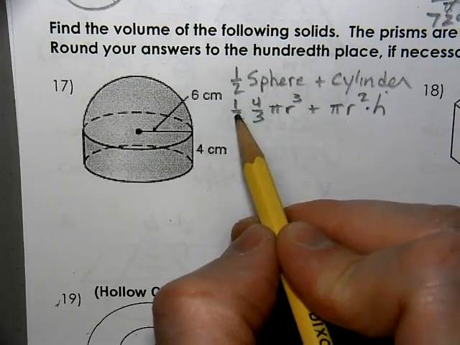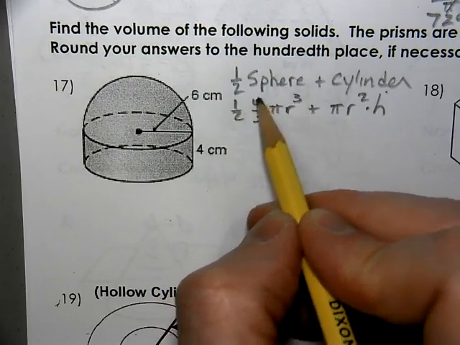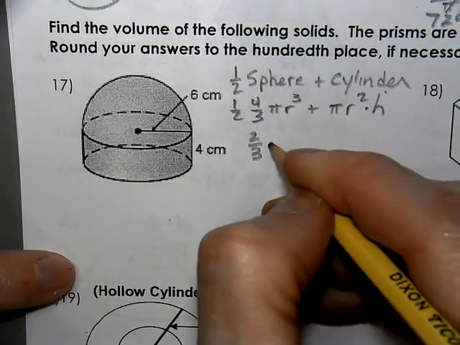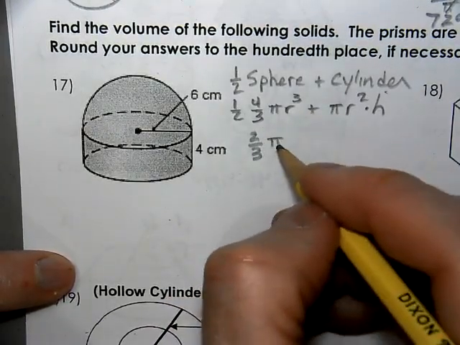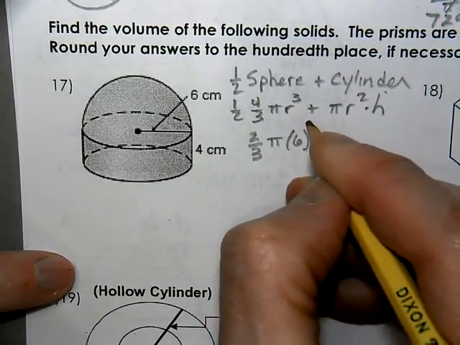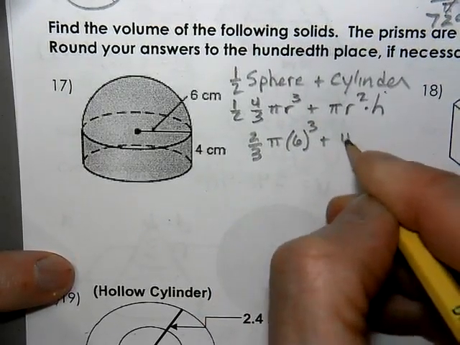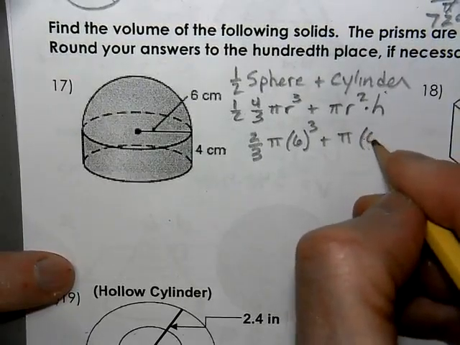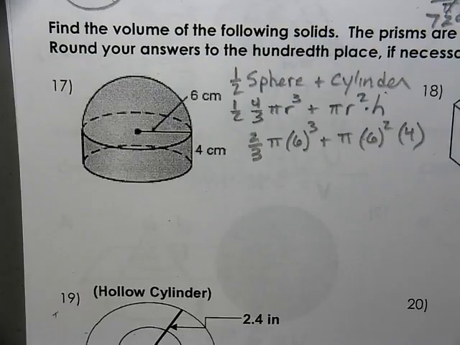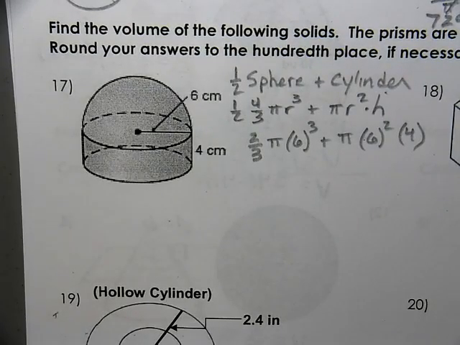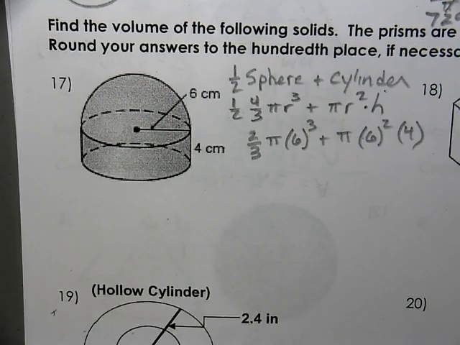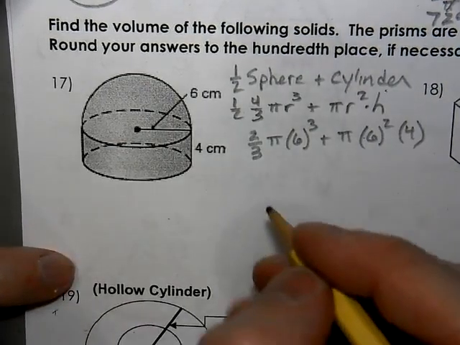This gives us, we could reduce the 2 and the 4 if you like, so 2/3 pi. The r value is the 6. On this side, the 6 is still the radius, and the height is the 4. So 6 times 6 times 6 is 216.